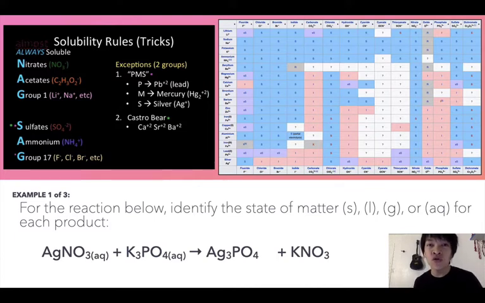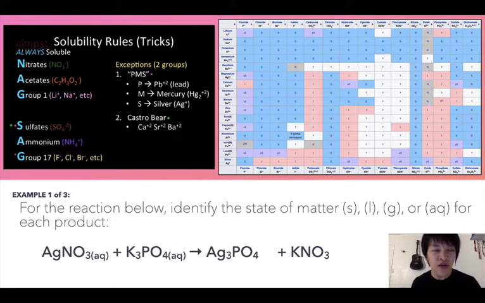The L is usually what we're going to put for water, because that's a liquid, and the G is what we're usually going to put for things like carbon dioxide or any of the diatomic molecules like hydrogen gas or oxygen gas or nitrogen gas. Okay, so just know that we're only going to be putting S for solid or AQ for aqueous in these examples. Our first product is silver phosphate.